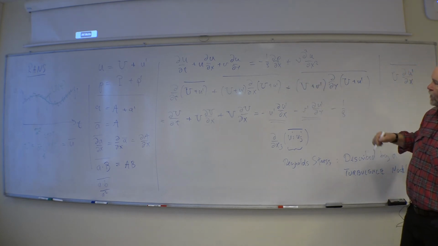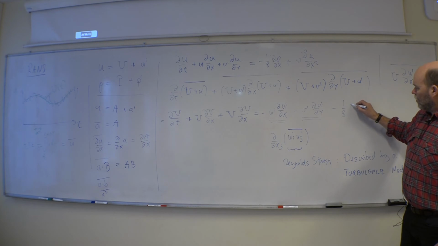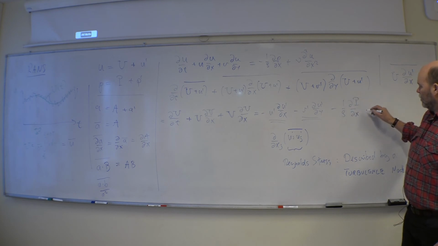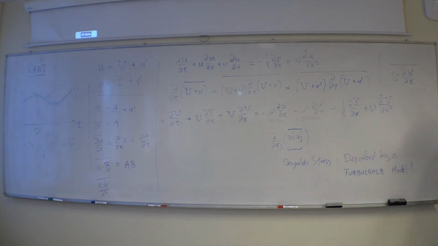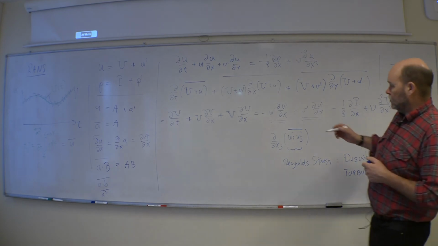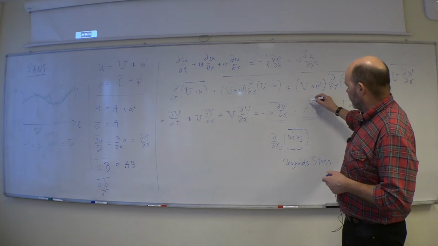I keep the density as a constant, but then the derivative of the mean pressure, and then viscosity, double derivative of the mean velocity, like that. And then these guys time averaged.